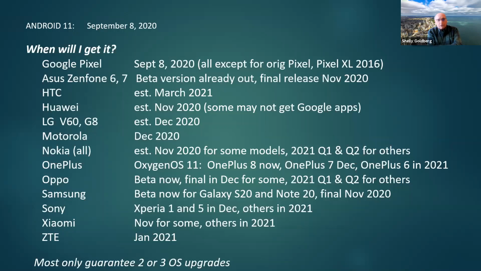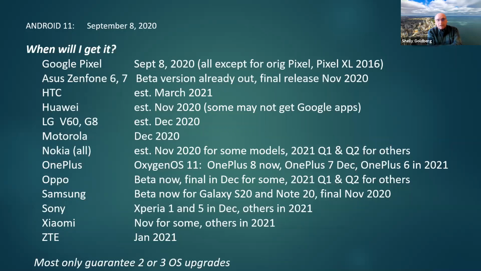OnePlus uses their own version of Android 11 as well. Theirs is called Oxygen OS 11, and it's out already for the OnePlus 8, their newest phone. The OnePlus 7 will be coming next month, and then others will be coming after that.